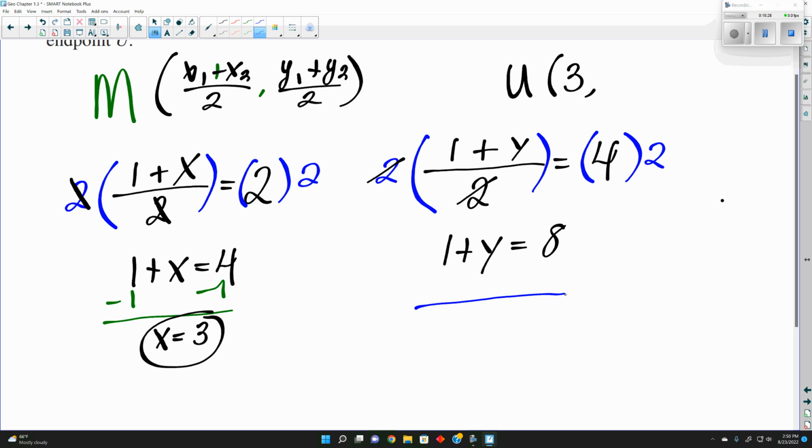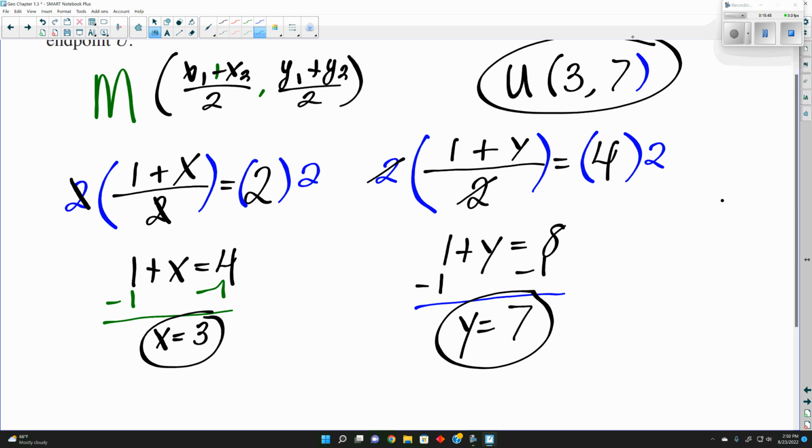And then the next thing we would do is subtract 1, and 8 minus 1 is 7. So the other endpoint is the point 3, 7.